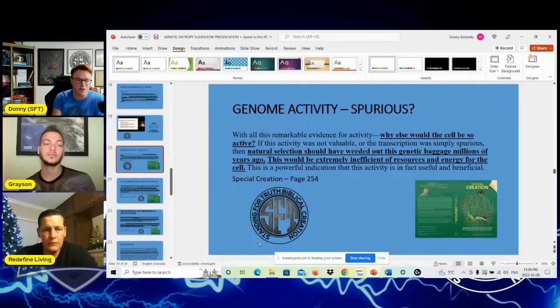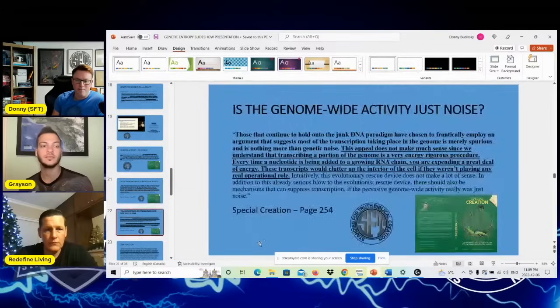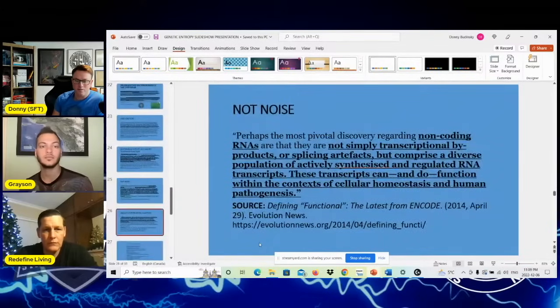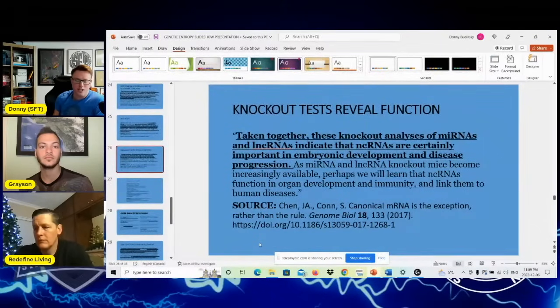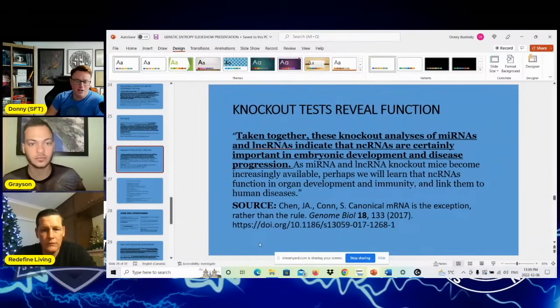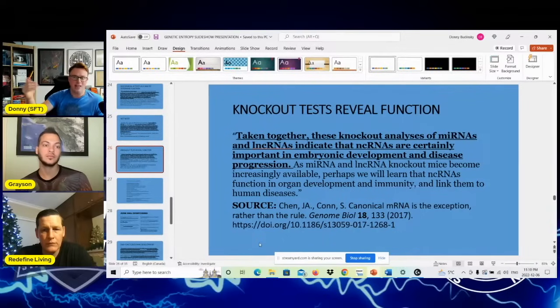So again, here are a few other reasons. I should point out that in 2017, a research team looking at non-coding RNAs argued that most... I've got the papers here. Let's see. Knockout tests reveal function. Notice this. Taken together, these knockout analyses of microRNAs and long non-coding RNAs, there are at least twice as many long non-coding RNAs as there are protein coding ones, and they're functional in a multitude of ways.